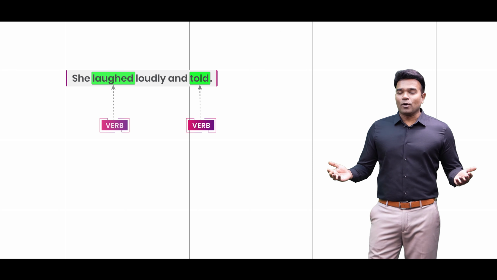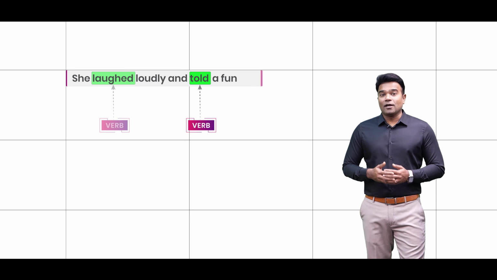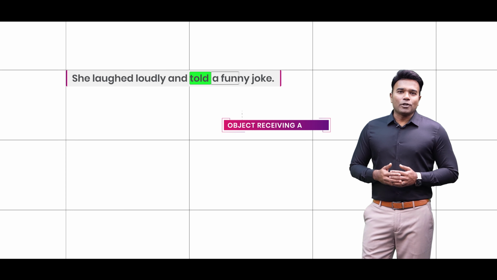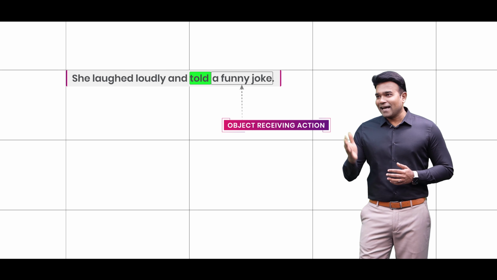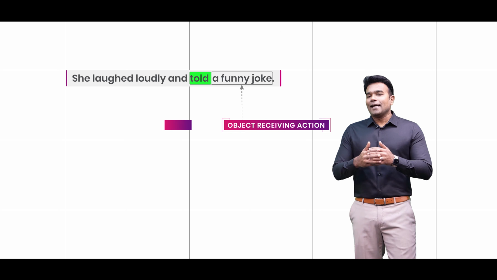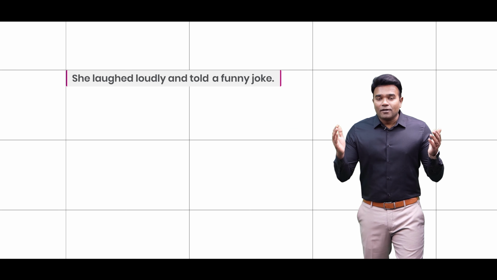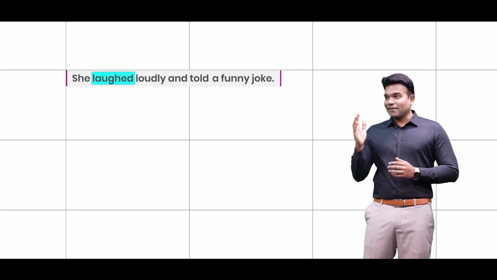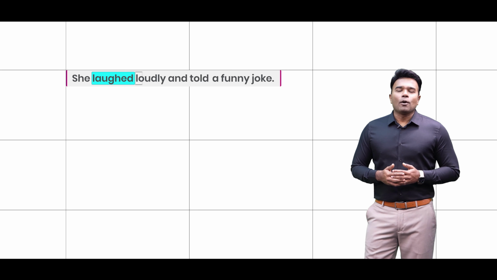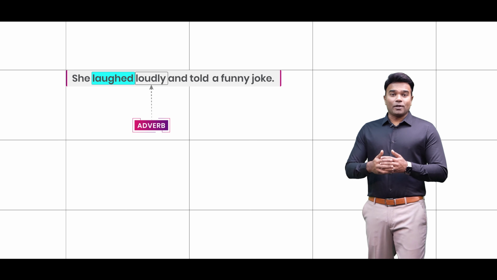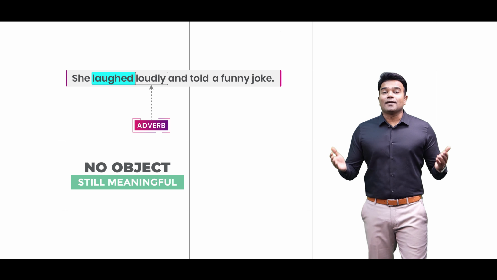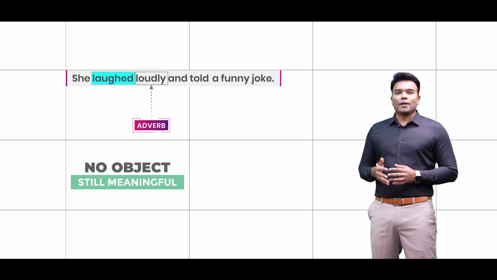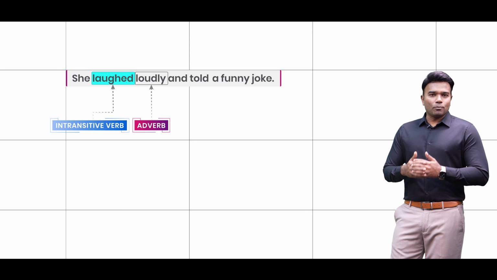In other words, the verb told definitely expects the object, and you know that such verbs that compulsorily expect an object to be present after them to receive the action is what we categorize as the transitive verb. But then, if you would look at laughed, you can notice that soon after that we do not have any direct object, rather we have loudly, which is actually an adverb. In other words, laughed in this sentence is such a verb which is not demanding a direct object and hence can be categorized as an intransitive verb.